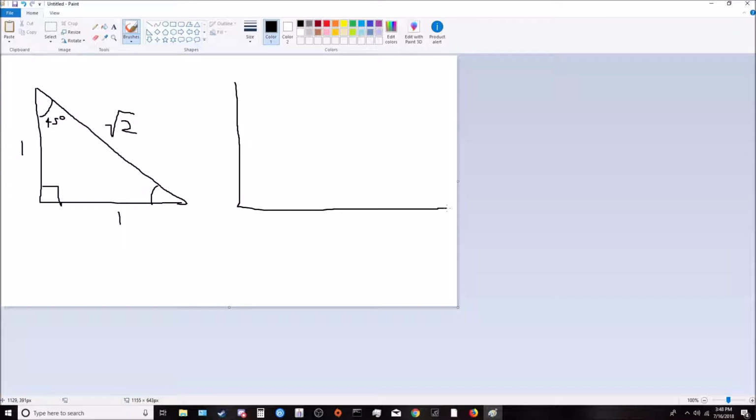And here we have the 30, 60, 90 triangle, where you have one angle equal to 30 degrees and one angle equal to 60 degrees. I don't know why I put a square there, I meant to do the degree.